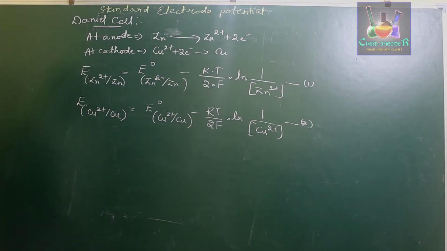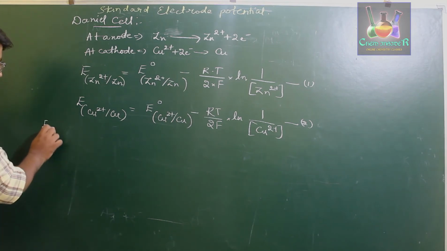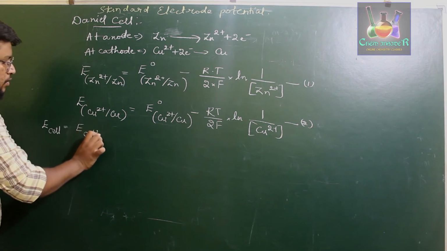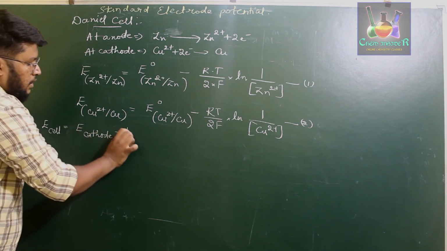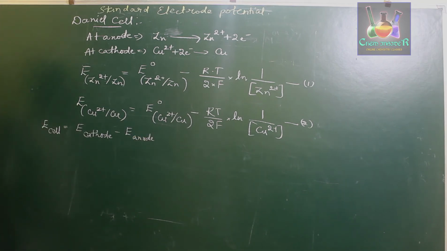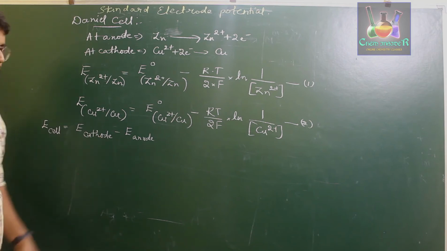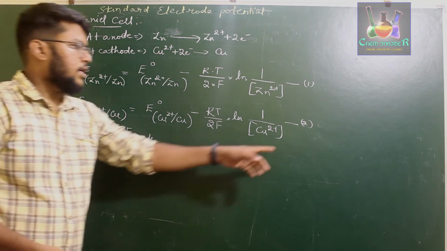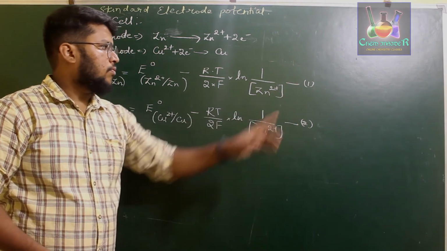So once you have obtained equations 1 and 2, what do you know is EMF of a cell is equal to E cathode minus E anode. EMF of a cell is nothing but the electrode potential of cathode minus the electrode potential of anode. So if you substitute those values, you need to subtract 2 from 1.